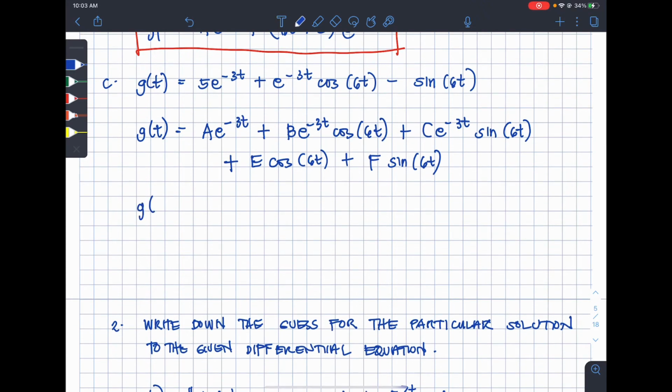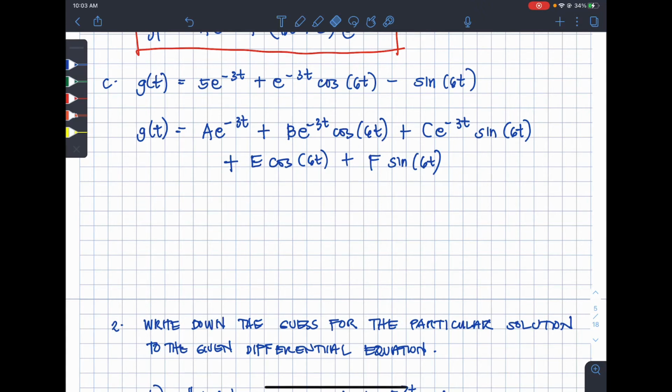Kung gusto mo siyang i-combine, this is the same as A e raised to negative 3t, ganun din. So wag na. Although we could combine, no?